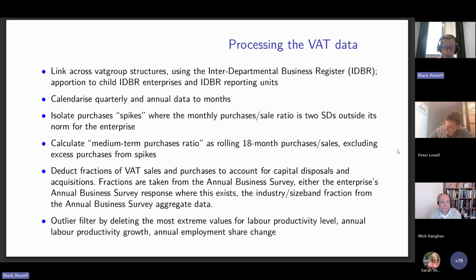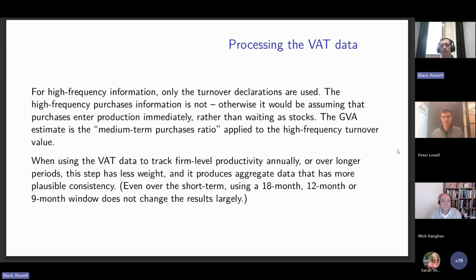Finally, there are 3 outlier filters that are applied to the data. So the most extreme companies by labor productivity level, by annual labor productivity growth, and by annual employment share change, they're all designated as outliers. So for high frequency information from the VAT data, I'm only taking the high frequency data from what companies are reporting on their turnover.